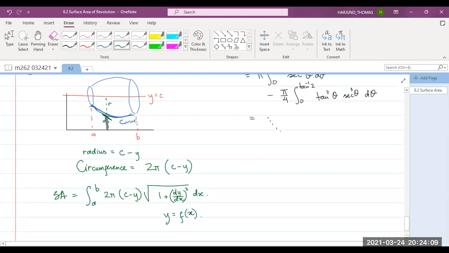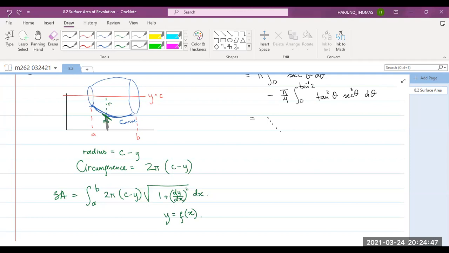That's the setup. So you see, it's kind of strange. If you rotate that around the x-axis, it looks like this. Now, if you rotate that around another line, then it looks different. Okay, that's for this 8.2.